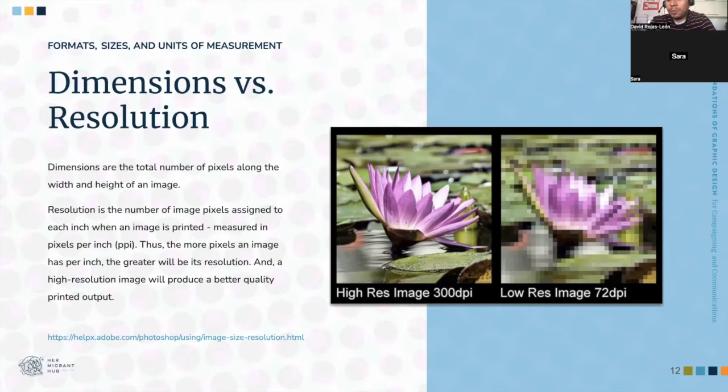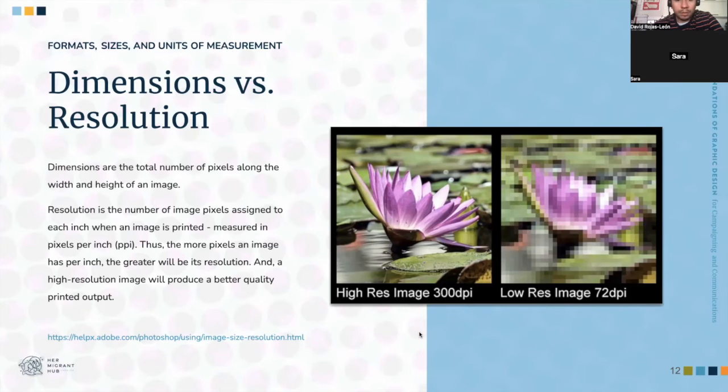For digital, we can use less quality. We can still use 72 dots per inch, and it's still good quality for digital, not the best, but it's still good. For printed, it's not good at all.